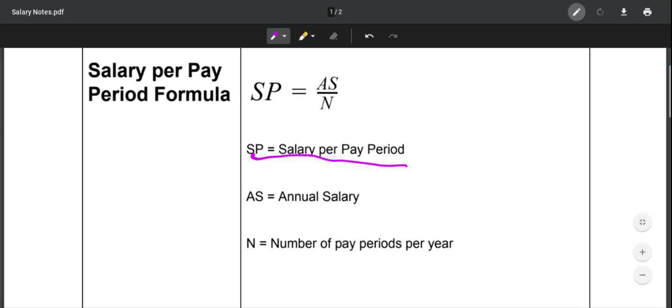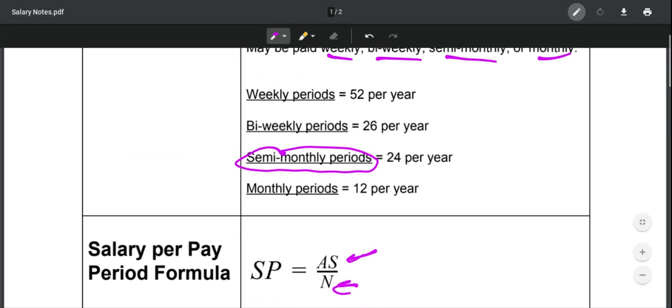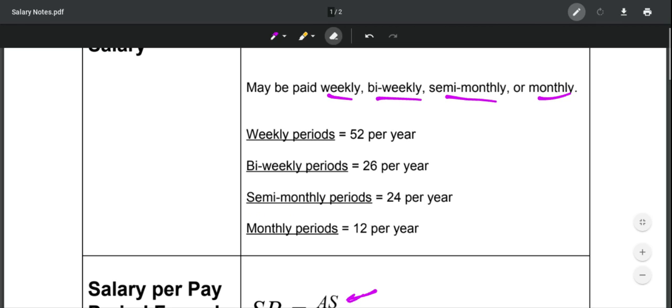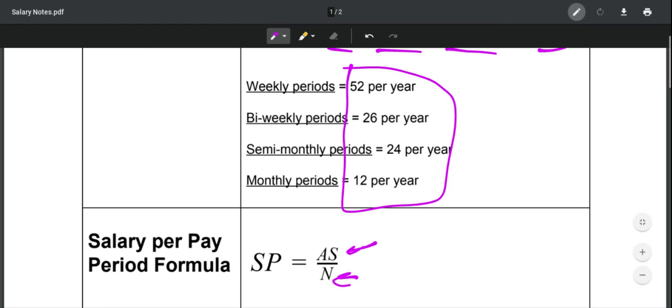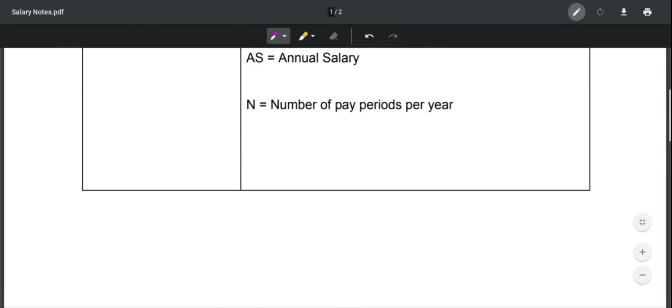I'll show you an example where we're not. Then AS is annual salary, and N is the number of pay periods per year, which is why I gave you this right here so that you could look at it. I'll probably let you know that on all the problems, but it's good to know for the future.